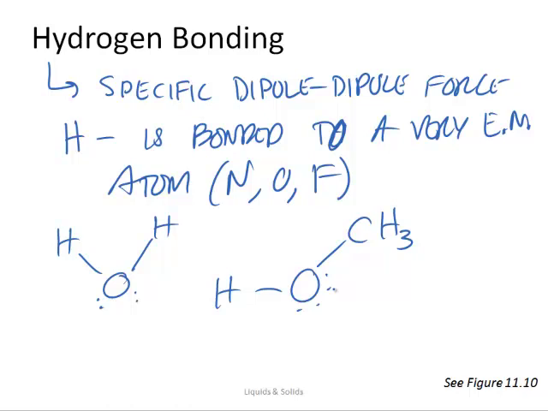Well, we know that there's going to be a dipole moment between the hydrogen and the oxygen, as well as a dipole moment from the carbon to the oxygen. The big difference is that hydrogen only has one electron, and it's occupied in that bond, in that overlap of the orbitals between hydrogen and oxygen.